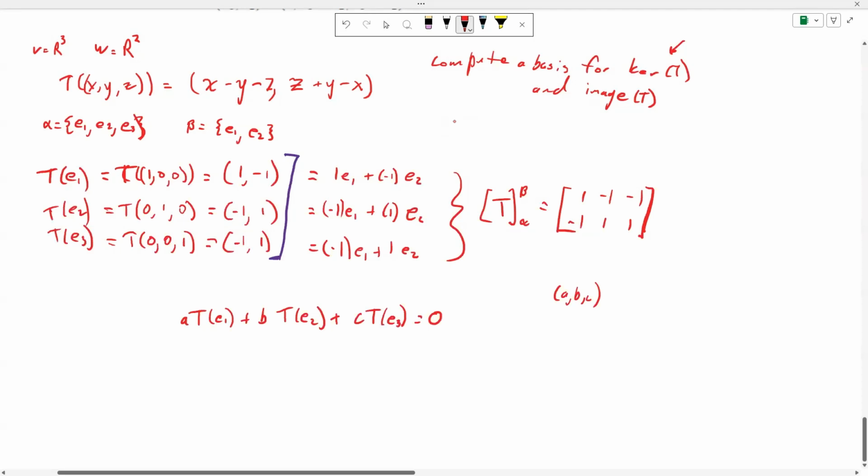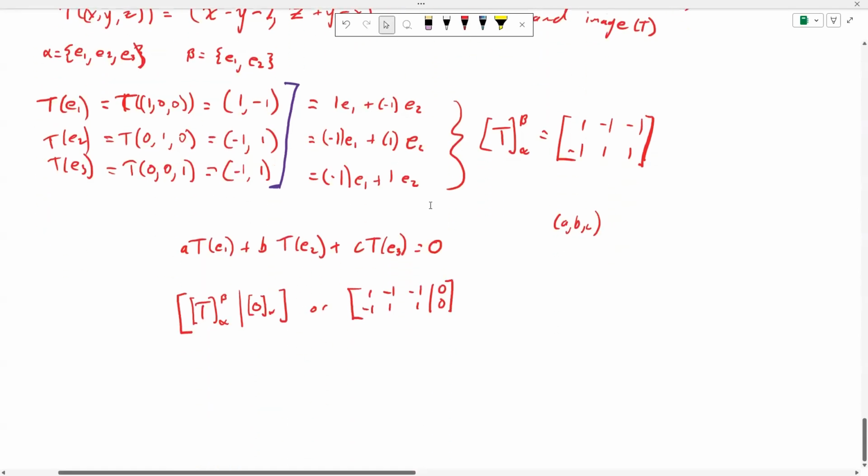To solve this, we're going to construct a system of equations and use it to figure out our kernel. Last time we learned that this linear combination a, b, c of T(E1), T(E2), T(E3) is actually T alpha beta times (a, b, c), the 0 vector in W. Or in our case, the matrix [1, -1, -1; -1, 1, 1] times (a, b, c) equals (0, 0).